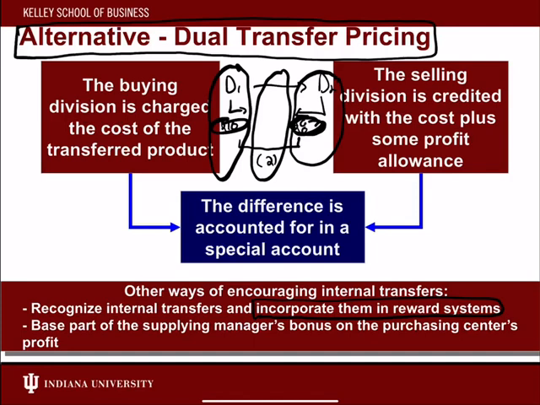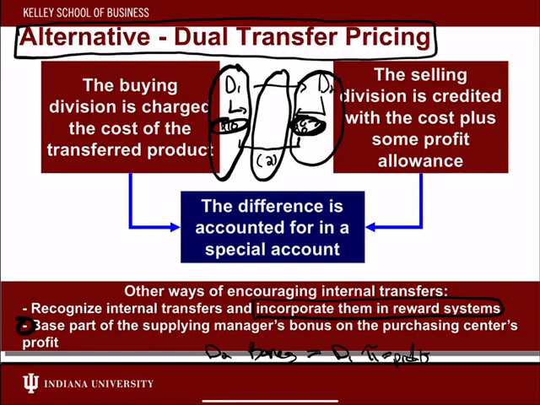Another way that you can encourage internal transfer prices, not necessarily by using this, but just something worth noting, is if you want to encourage Division Two to buy from Division One at a good price, we can say, hey, Division Two manager, your bonus depends on Division One's profits, right?